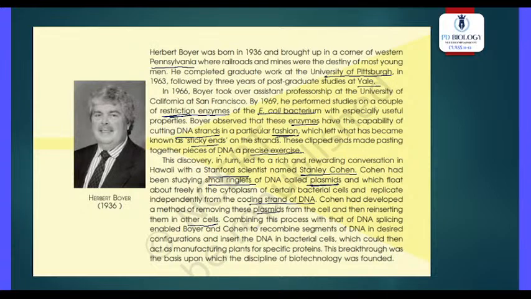So combining the process with that of DNA splicing, you read this in the inheritance chapter, what is DNA splicing, aimed Boyer and Cohen to recombine the segments of DNA in desired configuration and insert DNA in bacterial cells, which could then act as manufacturing plants for specific proteins.